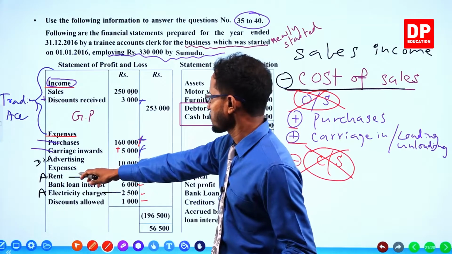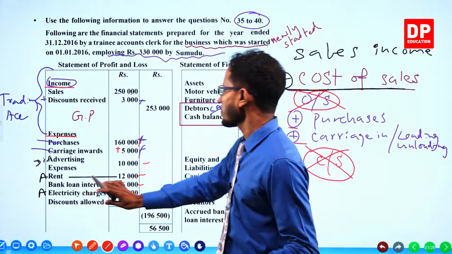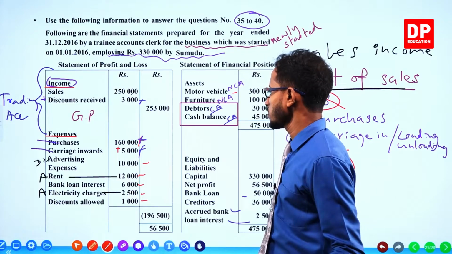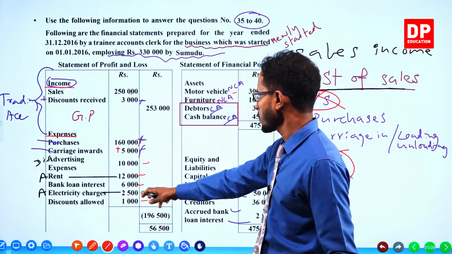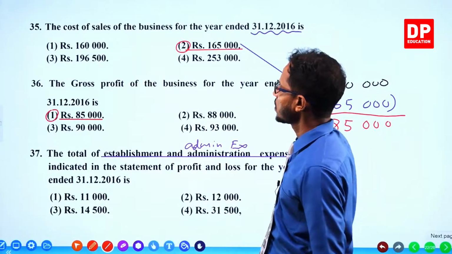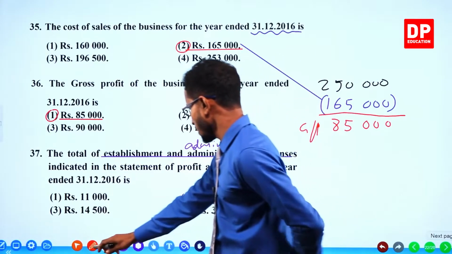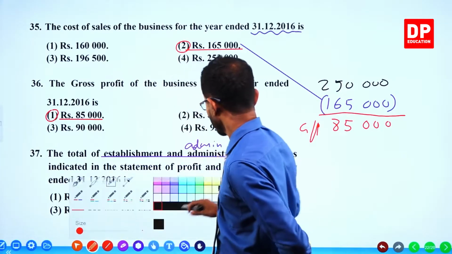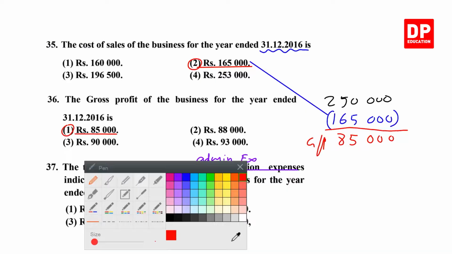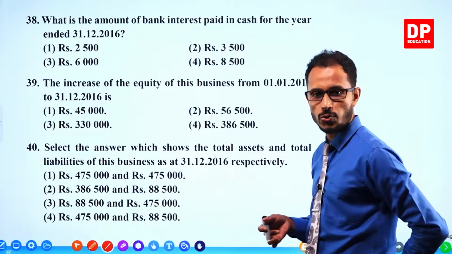Advertising is a distribution expense. Let's see. Yeah, 14,500 is there. This is the answer.